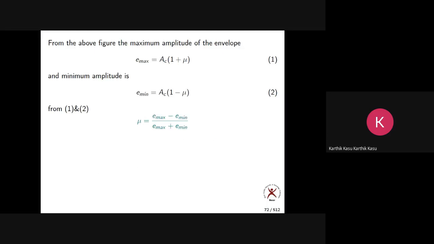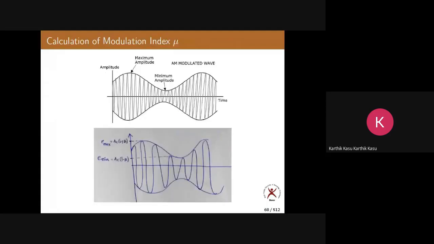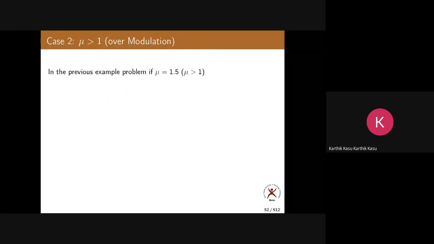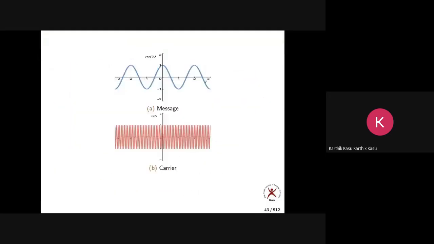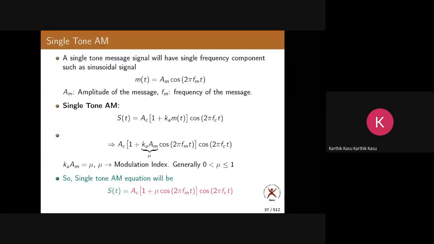Okay, let me go back. Here in place of KA we have 1 by AC. Yes or not?